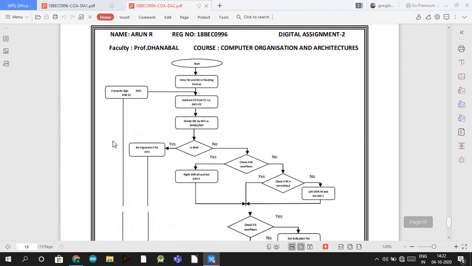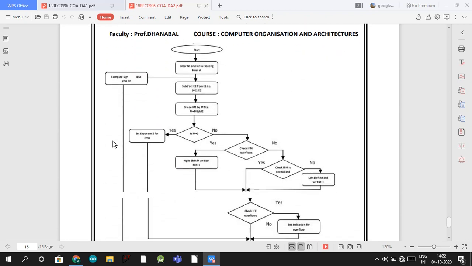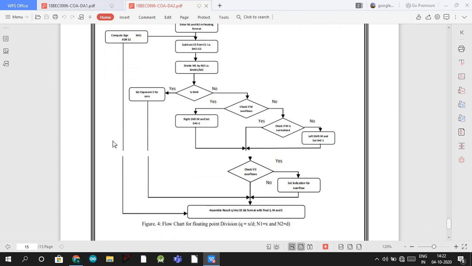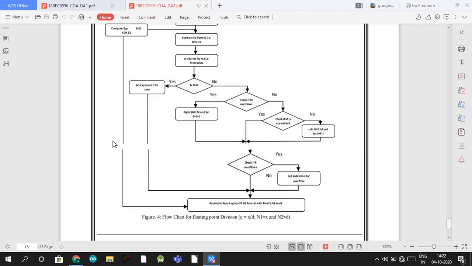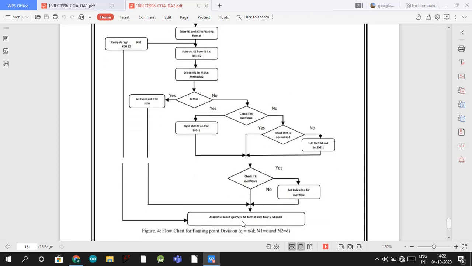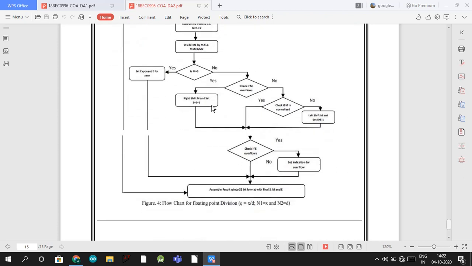So this is the flow diagram for the division. It is nearly the same as the multiplier. Only one thing changes: is M equal to 0, the exponent is 0. That's the only change from the multiplier to division. It also gives 32-bit format output, but if you give a 64-bit input, it gives a 64-bit output.